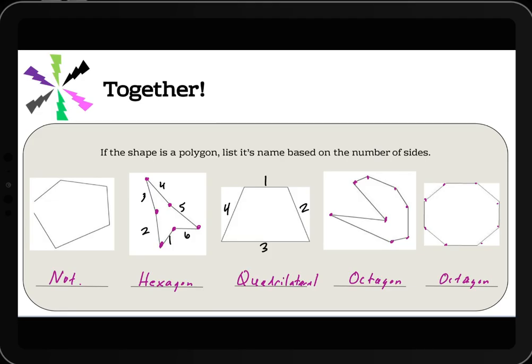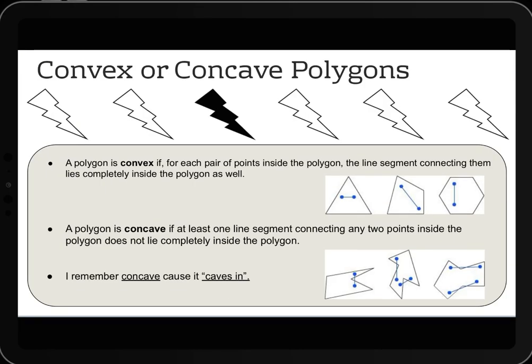Another modifier or adjective we can use to describe these would be concave or convex. I have my own way of explaining why this works the way it does, but there are several different illustrations you can use to explain why a convex polygon is described as it is, in contrast to concave. I'm going to start with the concave at the bottom first because I really want to highlight this little fact.